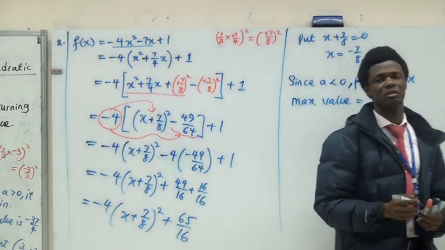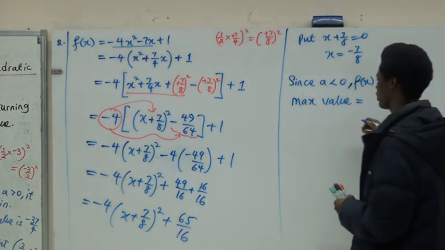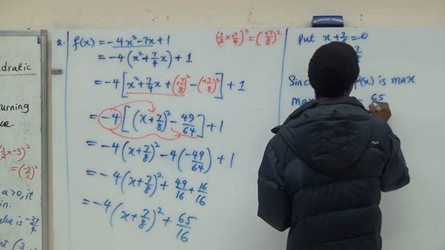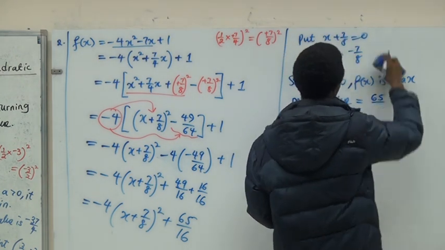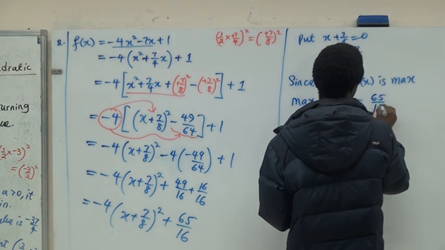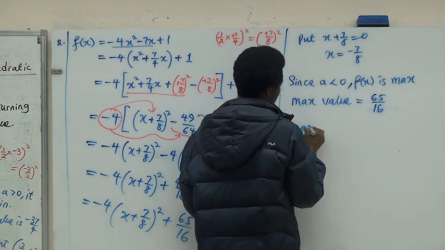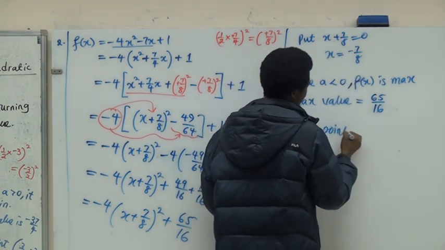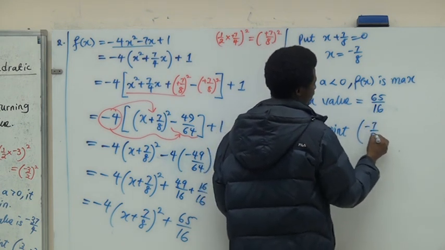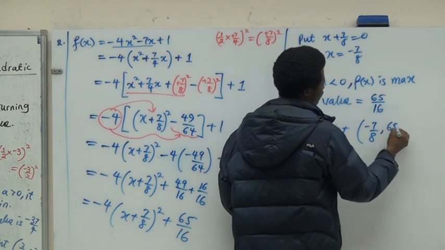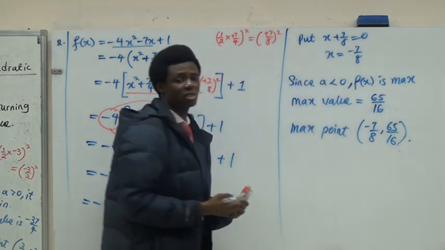Maximum value is 65 over 16. What is the maximum point? Negative 7 over 8, 65 over 16. And that's it.